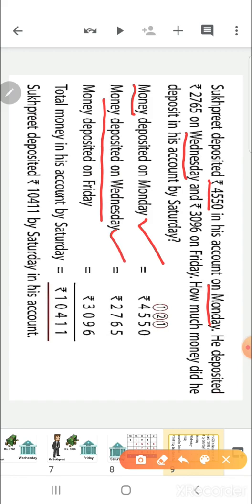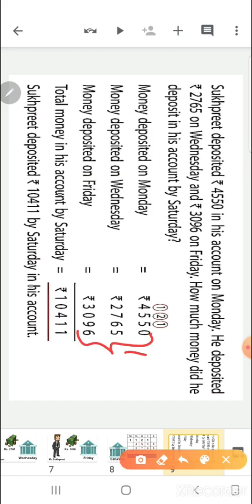After that he deposited on Friday. So we can write here: money deposited on Friday is equal to rupees 3096. So all these things are given to us, which we get from our question itself.